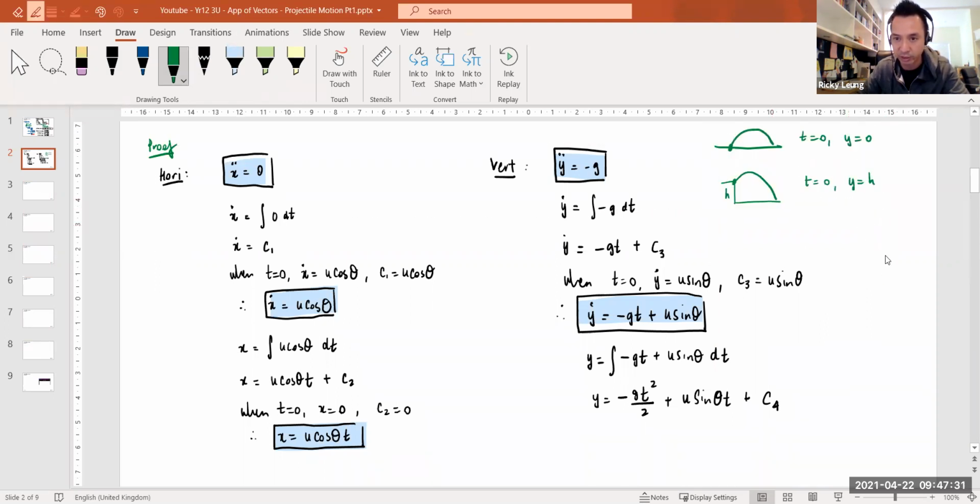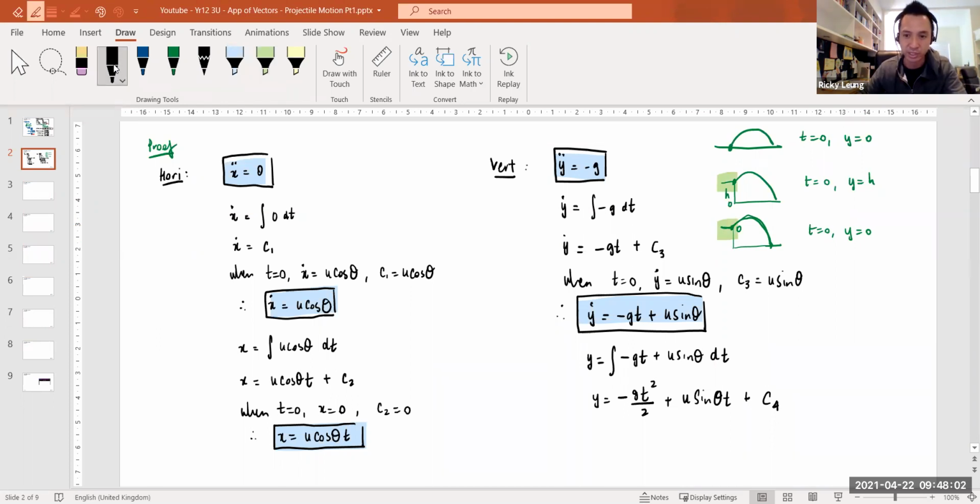Sometimes you might be projecting off a cliff, but they define the starting point of the cliff as 0. In which case, when t equals 0, y also equals 0. It's just that the y value can be negative. Whereas over here, if 0 is down here, the y value can never be negative. So there's a subtle difference. Just be very clear on where the starting point is. Does it start at the origin or at an elevated h value?